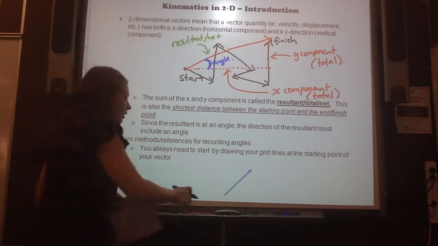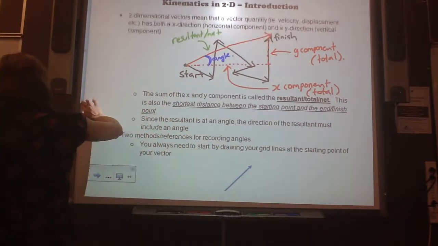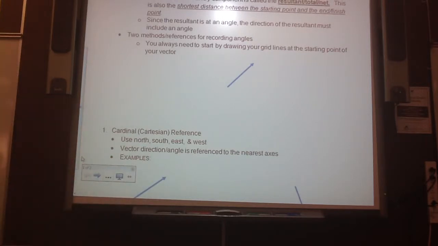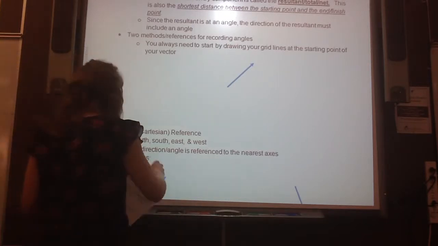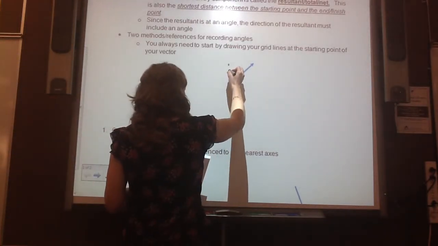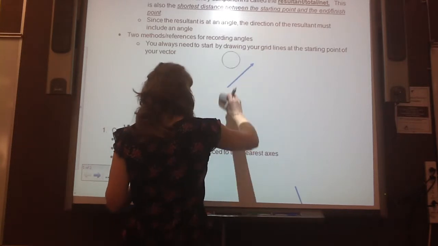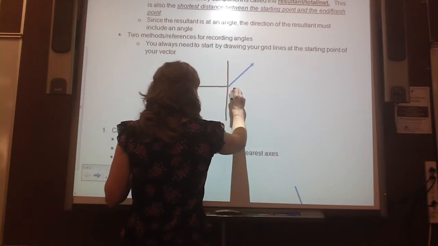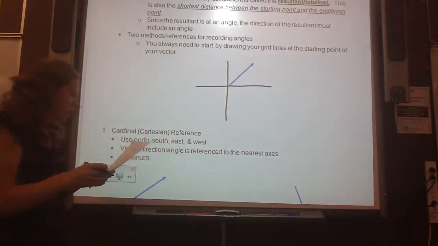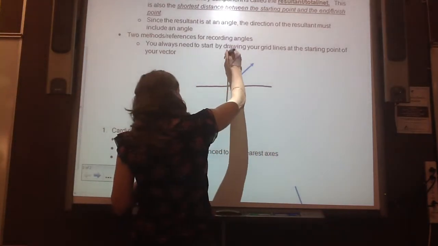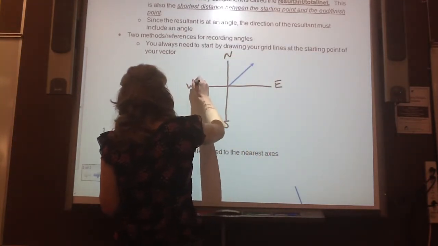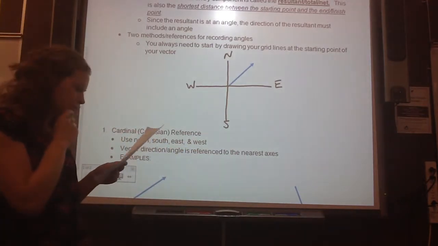So there's two methods for doing our angles that we will be discussing. You always need to start by drawing your grid lines at the starting point of your vector. So to draw a grid line, that's a 4 grid line. So you have your north, east, south, and west as our grid lines here.